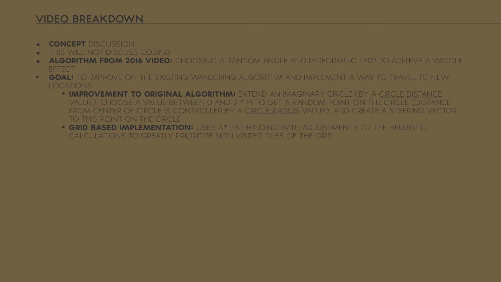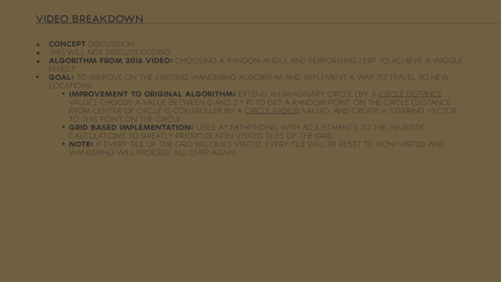And then the second part is to implement a grid-based wander system where we turn the game world into a grid, and we will prioritize traveling to segments of the grid we haven't visited yet. And then, wait, what if every segment of the grid has been visited? Well, we simply set all the visited segments back to non-visited, and we repeat the process.